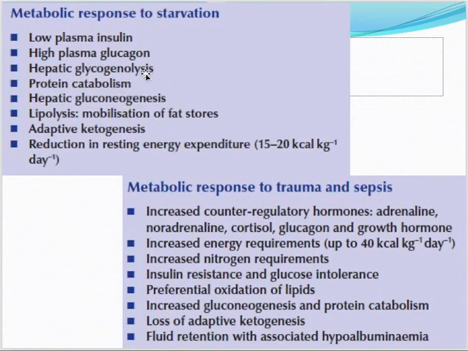When anyone is starving, or when you are starving, what happens? The glucose level in the body goes down, and of course there is low plasma insulin, there is high plasma glucagon. The liver starts doing something called glycogenolysis.